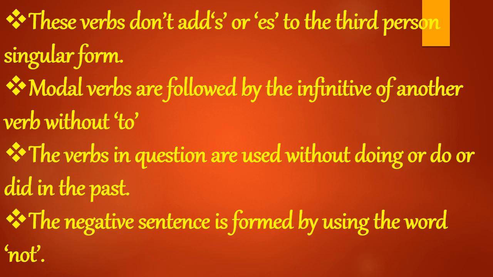The verbs in question are used without doing or do or did in the past. And the negative sentence is formed by using the word not. For example, one should care for the elders, or he cannot cross the road.